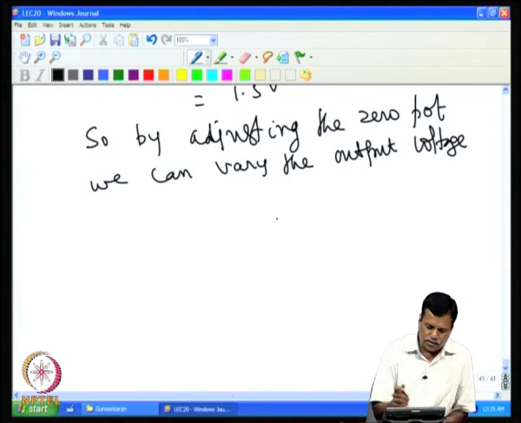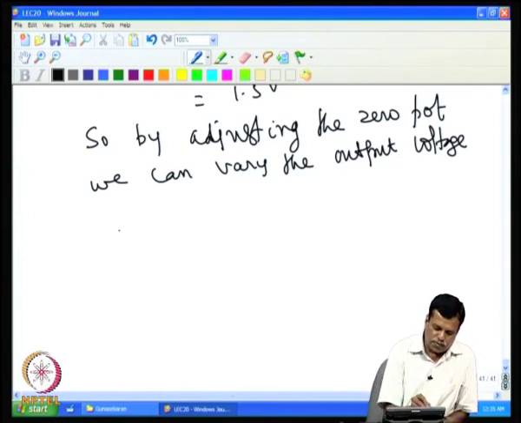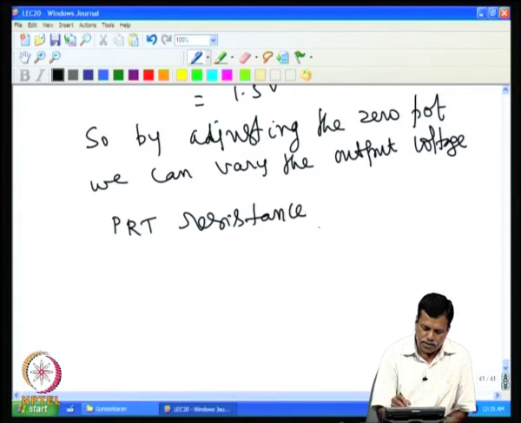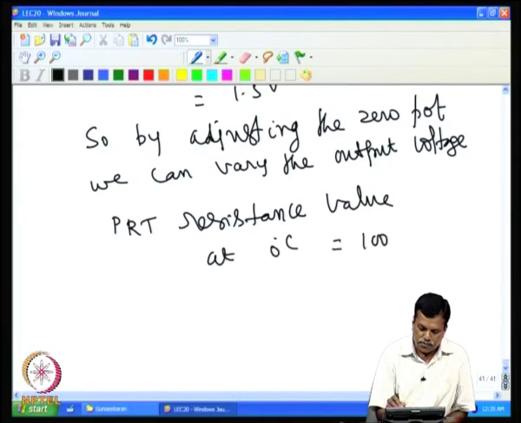So, for this we have to find out what is the resistance change. PRT resistance value at 0 degree C is 100 ohms.